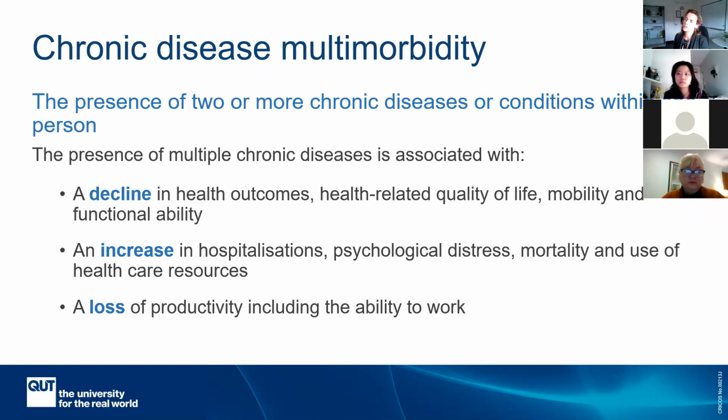It's also associated with an increase in hospitalisation, psychological distress, mortality and use of healthcare resources, and a loss of productivity, including the ability to work. So what this adds up to is that we have a significant public health issue, which is chronic disease and comorbidity.